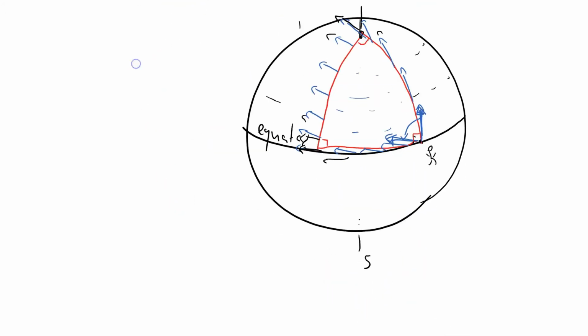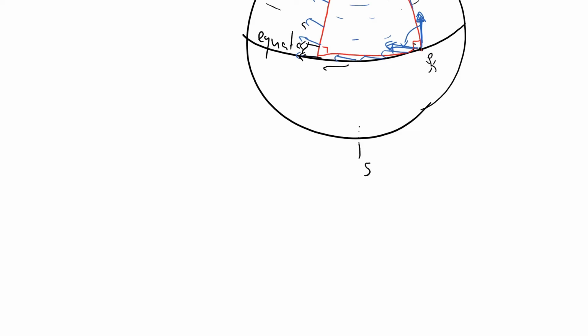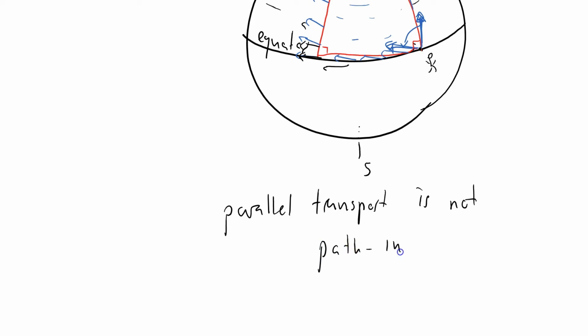So what that shows us, I'll go back to black, is that parallel transport, or actually vector transport, is not path independent on the surface of a sphere.